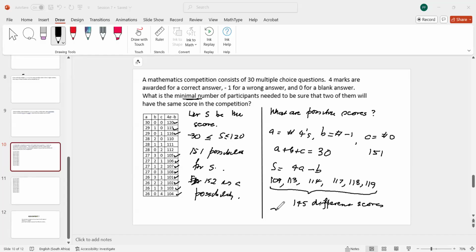So the smallest n number is 146. In other words, if there are 146 participants, then you can be assured that 2 of the people will have the same score.